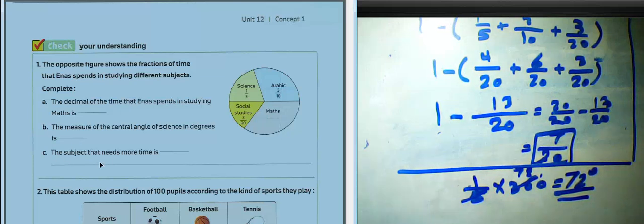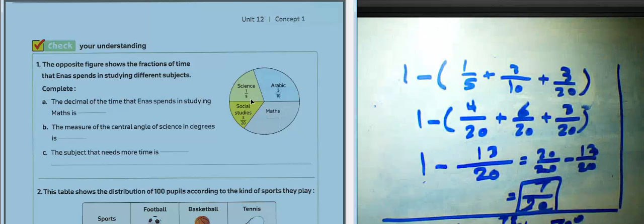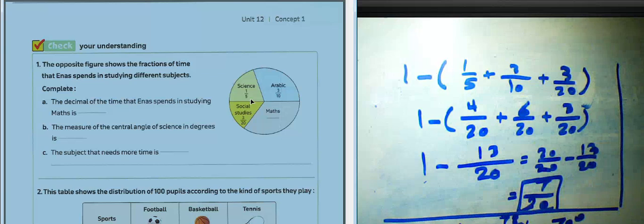And the subject that needs more time is, what's the subject that needs more time? What's the least? The least part here, what? 1 over 5 or 3 over 10. We must compare between 1 over 5 and 3 over 10 by looking at the decimals here.